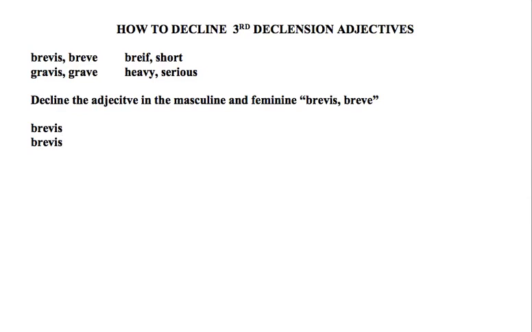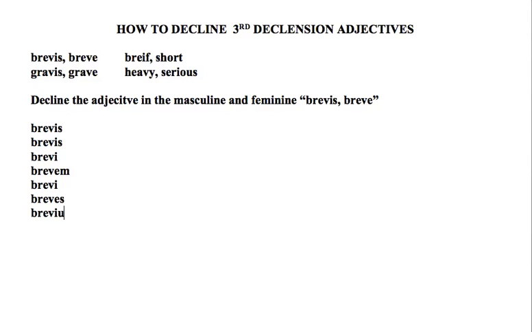The genitive singular for brevis is brevis. That's not a mistake. They will look exactly the same. And then we go on and we add the dative singular, the accusative singular, the ablative singular, remembering that the ablative singular for adjectives is different than the ablative singular for nouns.